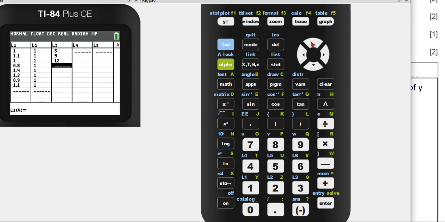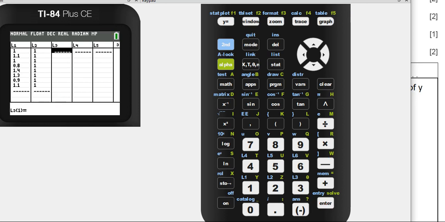To clear, if your list is very long, you go to the title, press clear, and then enter, and all your list will be cleaned.